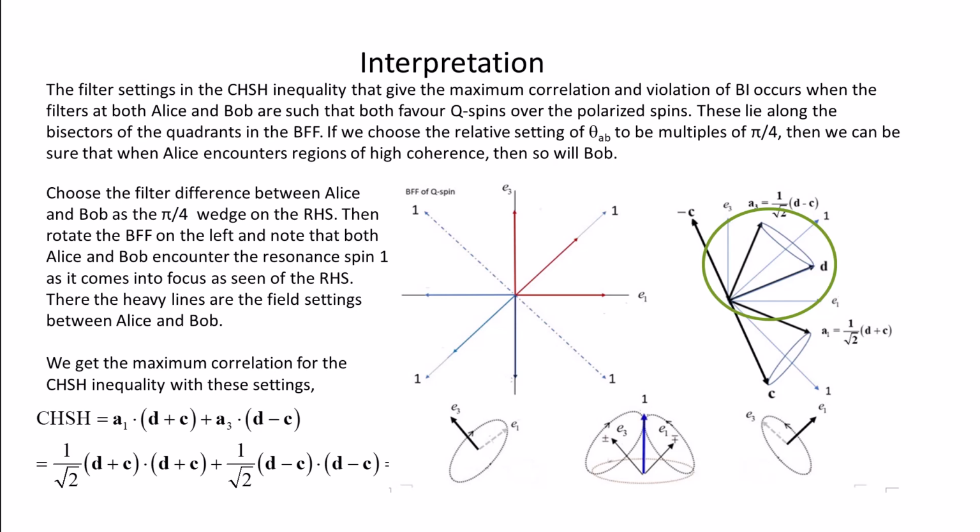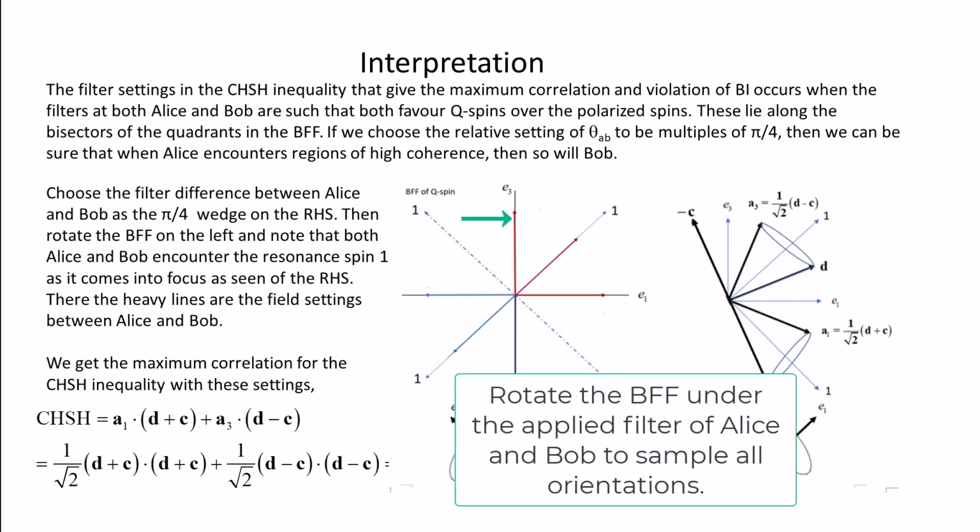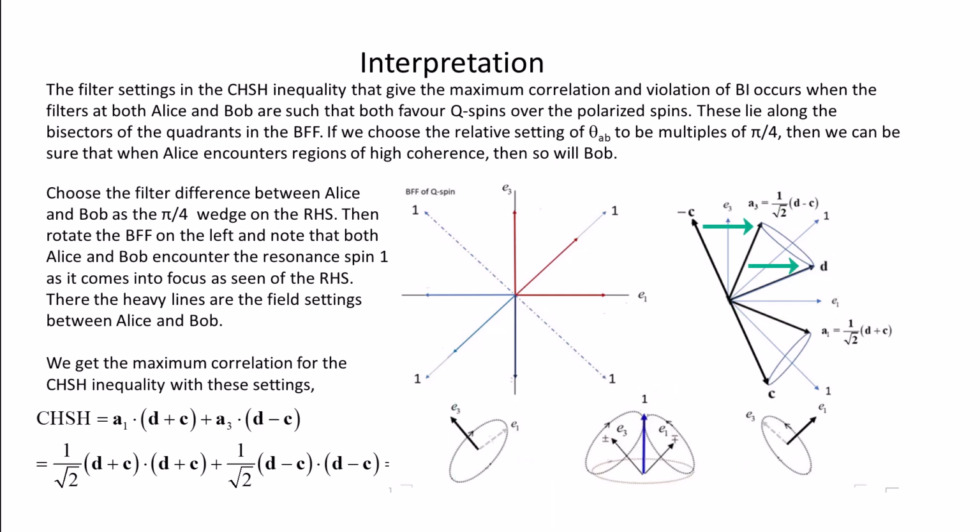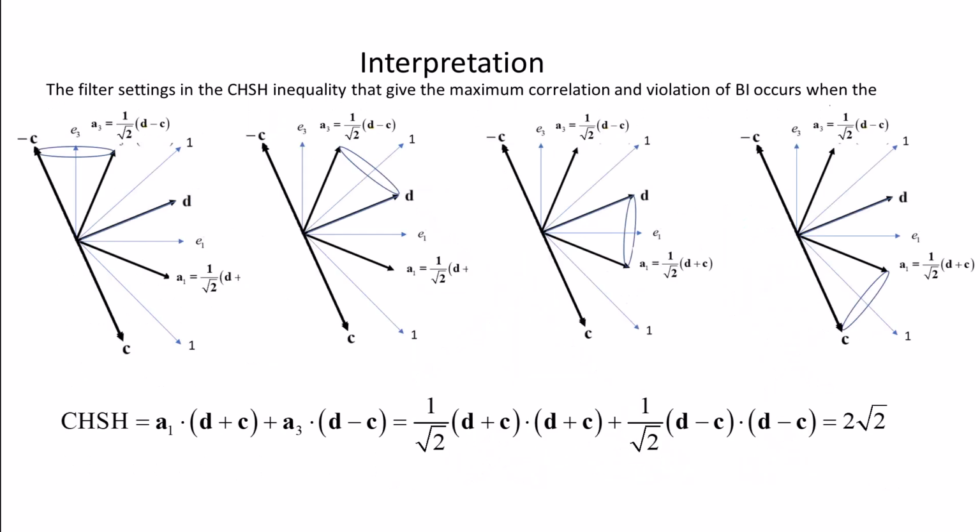This happens over 2 pi. Under these conditions, as the body fixed frame orientation is rotated with the filters so set, then when Alice's coherent axis aligns with the filter, then so must Bob's. We get a maximum correlation for the CHSH inequality with these settings.